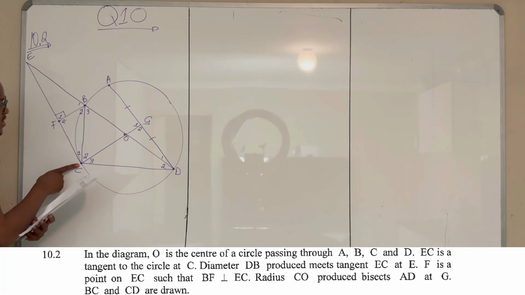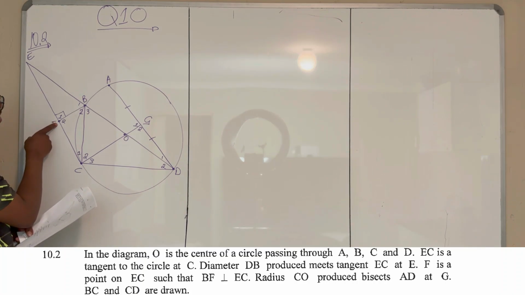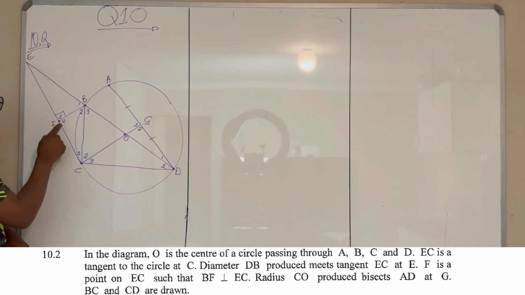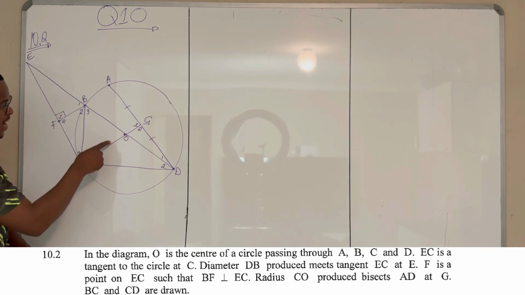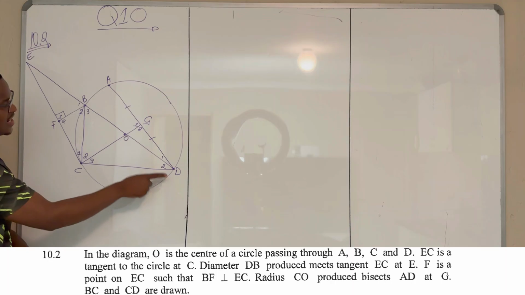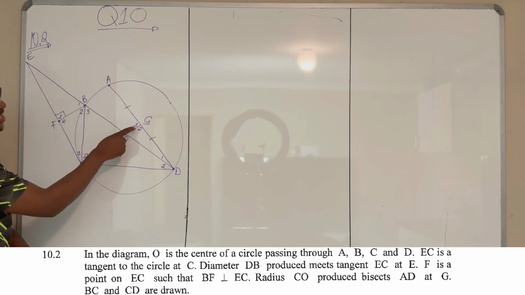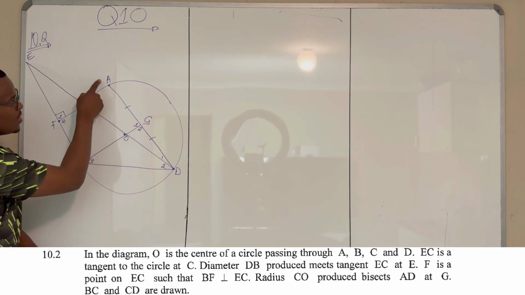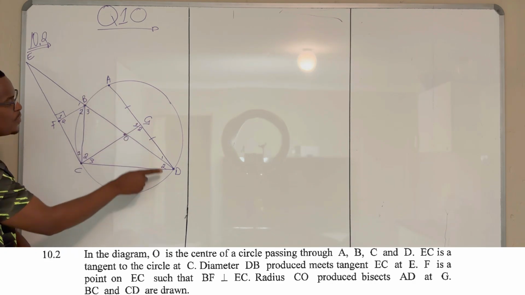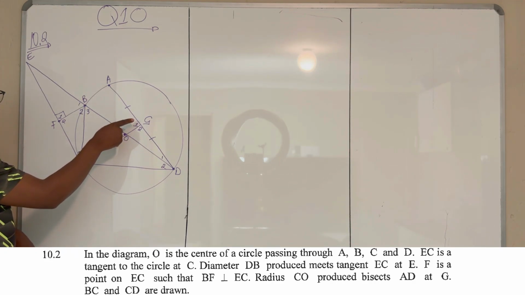And they went on to say that you have a point F on this EC so that FB is perpendicular to EC. And you have your radius CO extended to intersect our chord AD at point G, such that the extension of CO meets AD at the midpoint, which is G.